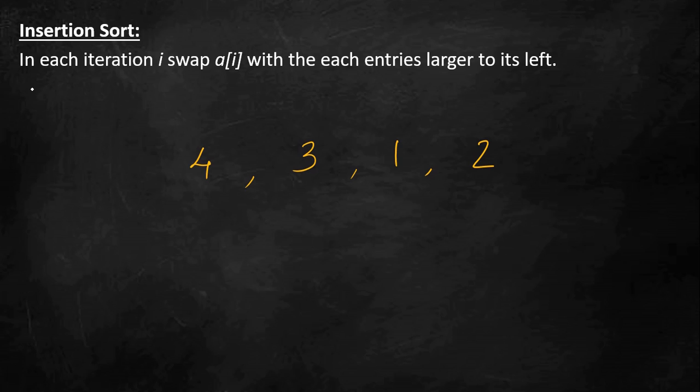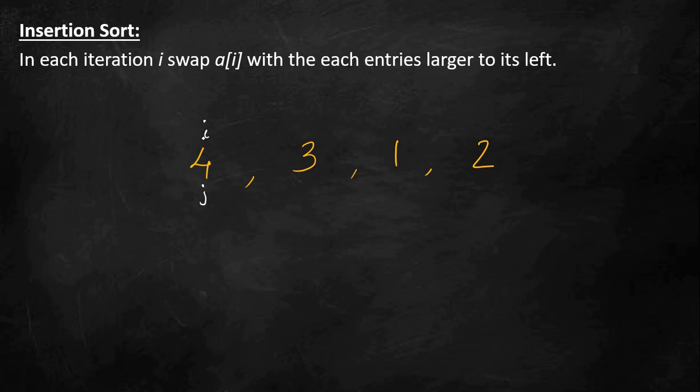In insertion sort, in each iteration i, we swap a of i with each entry that is larger to its left. So what it means is, let's say we have two pointers, i and j. We have to swap each entry to its left until all the entries to the left are in sorted order, right?